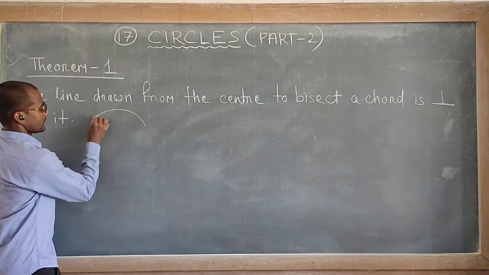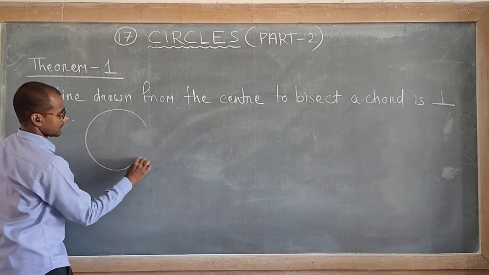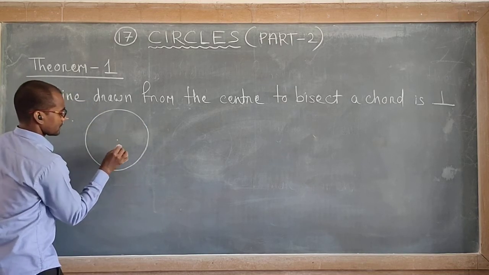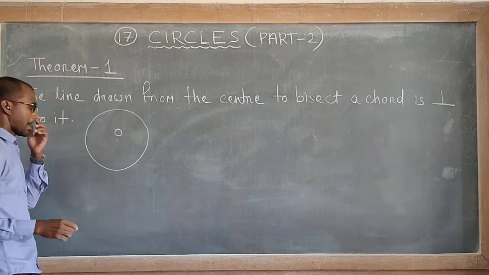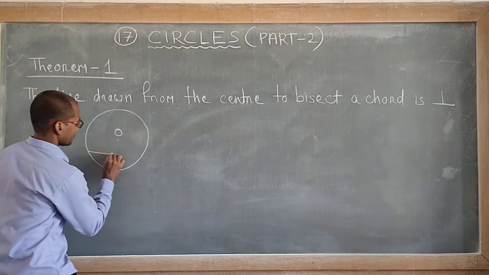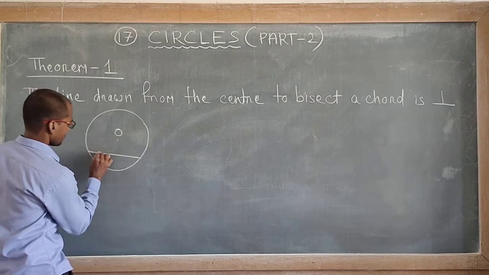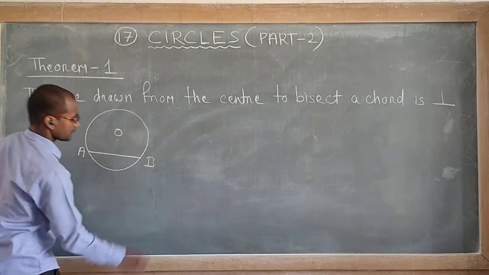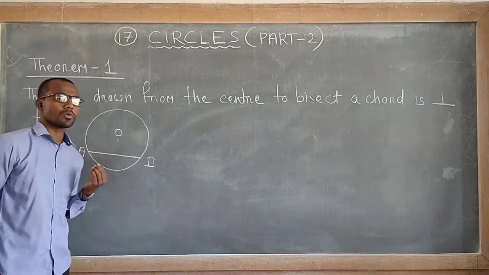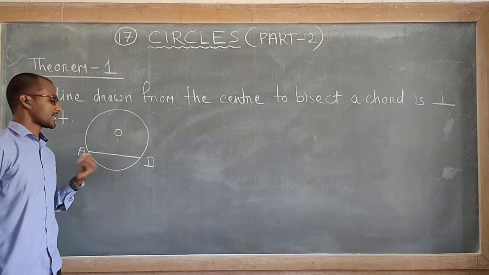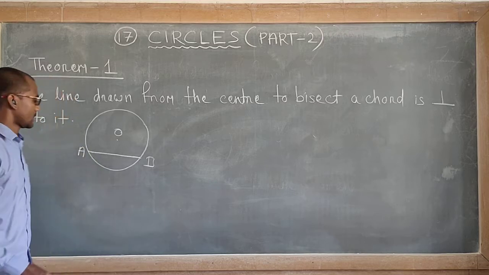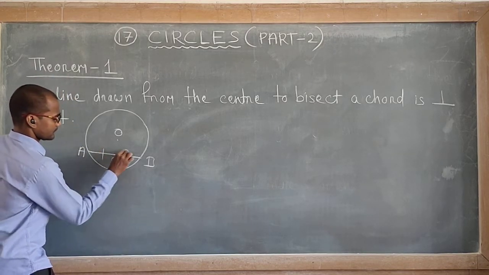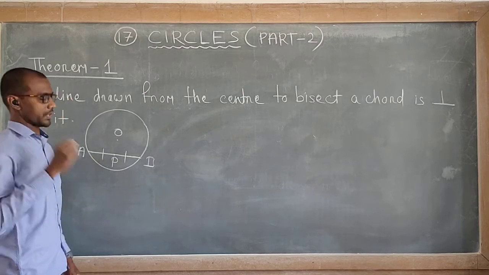So let us draw a circle. Let O be the center, let AB be a chord. From O we will draw a line to bisect this chord AB. Let the midpoint of AB be P, meaning AP is equal to BP.